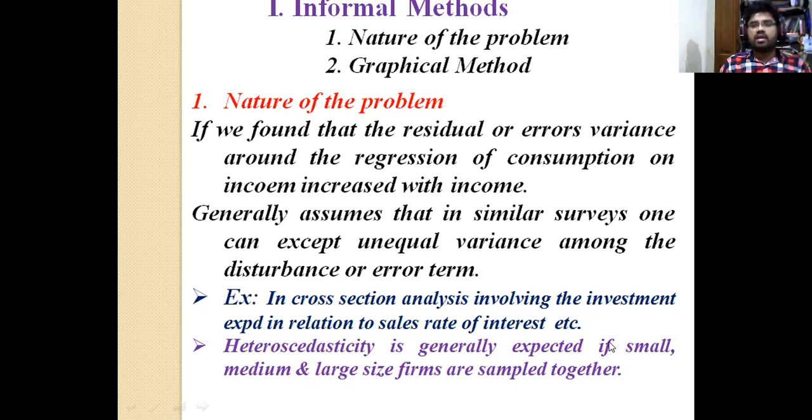For example, if you club small farmers, medium farmers and large farmers together, the small farmers' income level is different from the medium farmers' income level, and the medium farmers' income level is different from the large farmers'. So when you combine this data, you will get a heteroscedasticity problem.